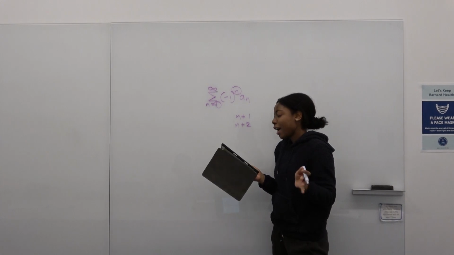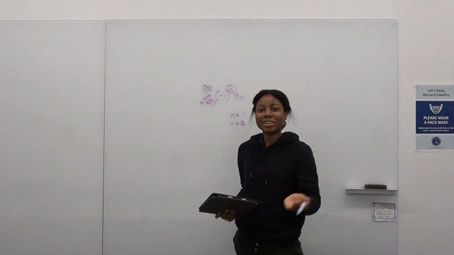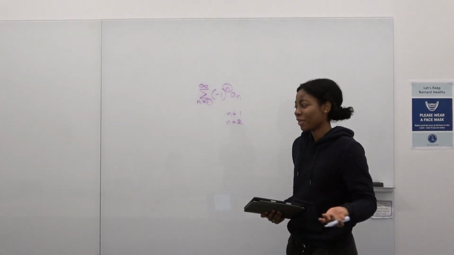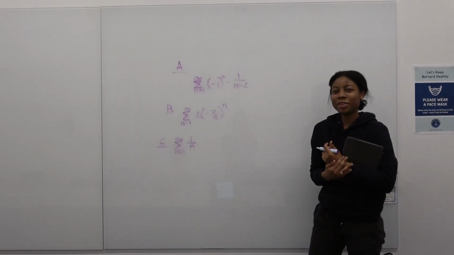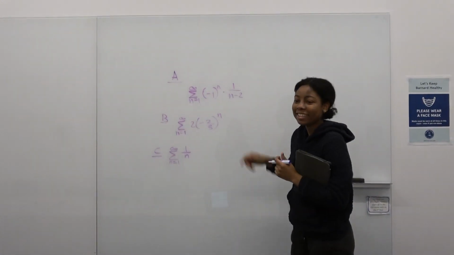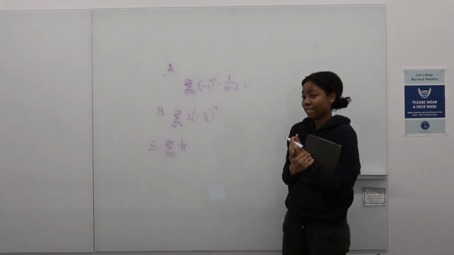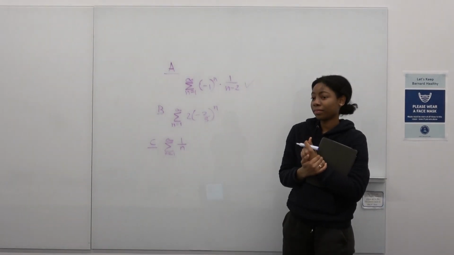Now I'm going to give you a couple of options, and you're going to tell me which is an alternating series based off of what I just taught you. Does anyone in the class want to tell me what it is? Is it option A? Option A is alternating. What about option B? Yeah, I think it's also.